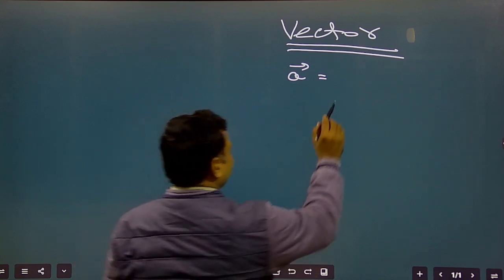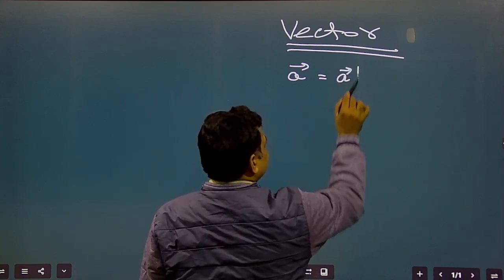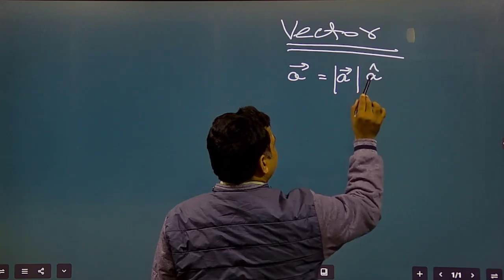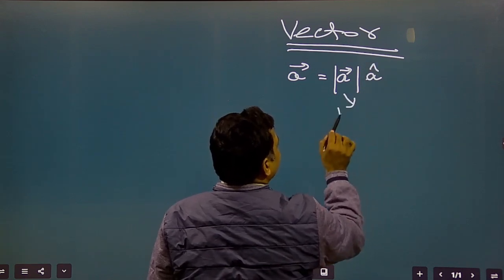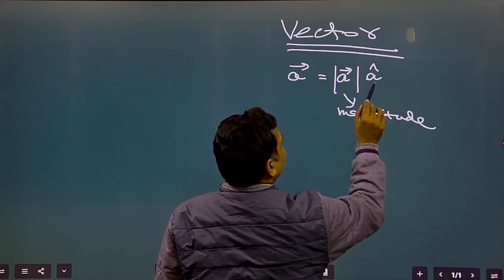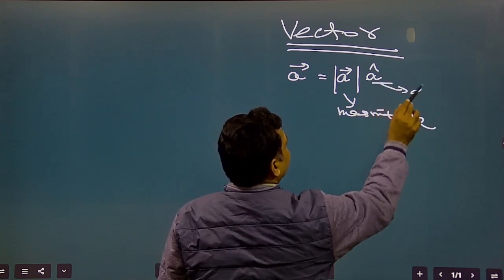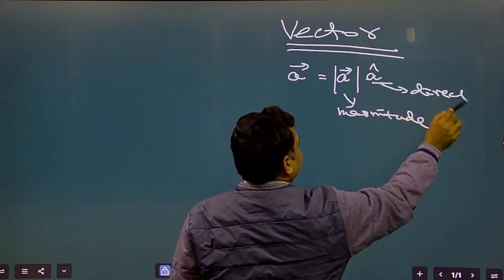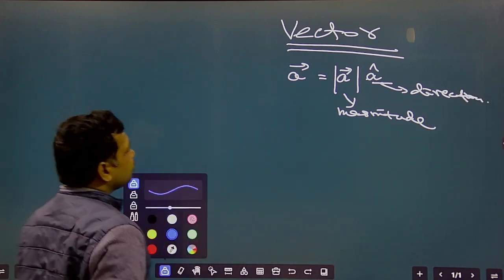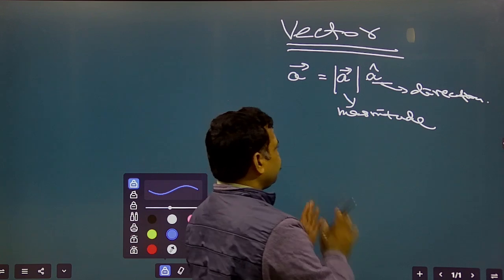Magnitude is written by this mod and the direction is written by a cap. So this is your magnitude part, and the unit vector or the cap is your direction part, right? This is the basic representation of a vector.